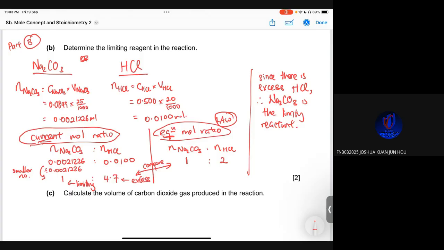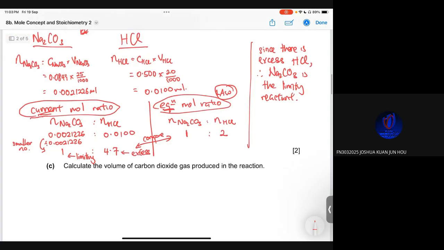Okay. So what's next? The question really is, why would you want to find the limiting and excess reactant? Because you realize the volume of CO2 gas produced is a product, right? Product calculation is based on the limiting reactant.